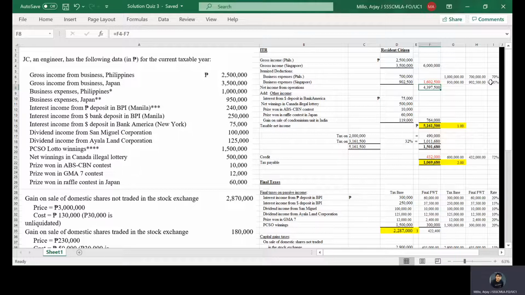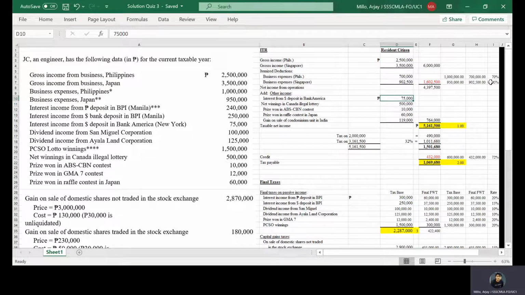Those are the only ones reportable in the ITR. Let's start with interest from the dollar deposit in Bank of America, since its situs is outside of the Philippines. Even though it is a passive income, since it's an interest income, it is not reportable as income subject to final tax because its situs is outside of the Philippines. So it is reportable only under the ITR.